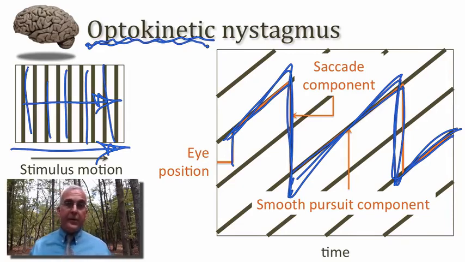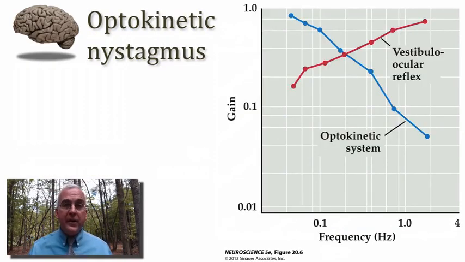Now, not all optokinetic movements are nystagmic. That is, they don't always involve this slow and then rapid, fast resetting. Sometimes optokinetic movements can simply help to stabilize our vision when there is extremely slow drift in the visual scene. In fact, we'll get to vestibulo-ocular motions in just a moment. The optokinetic system works in a very complementary way to the vestibulo-ocular system in order to stabilize our fixation.